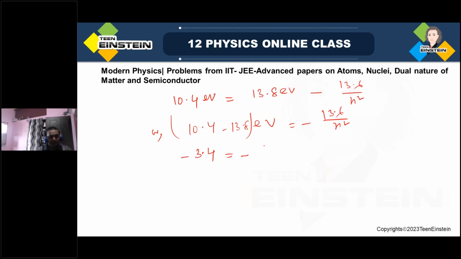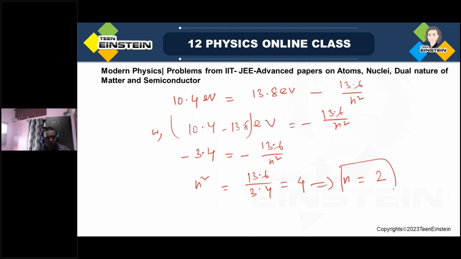Here it is minus 13.6 by n square. So n square will be 13.6 by 3.4, which is nothing but 4. So this implies n will be 2.